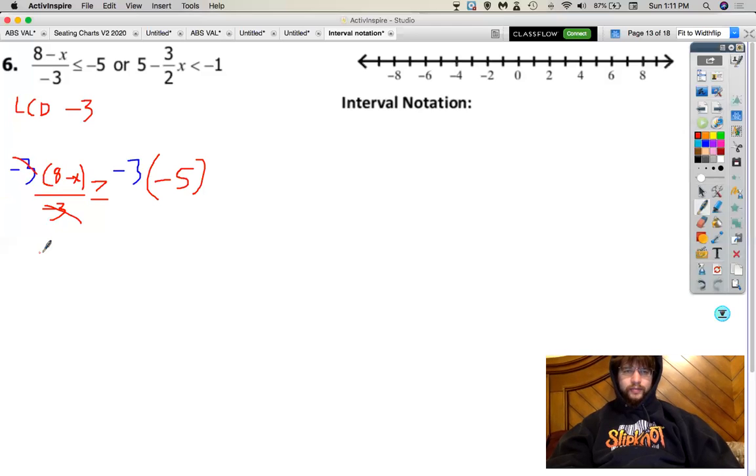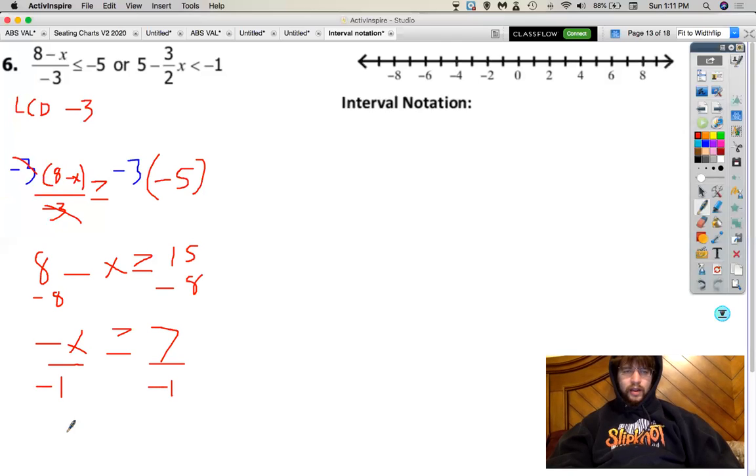These cancel. 8 minus x greater than or equal to 15. Subtract 8. Subtract 8. Negative x greater than or equal to 7. To get x by itself, I have to divide through by negative 1. X is greater than, no, we divided by negative 1.